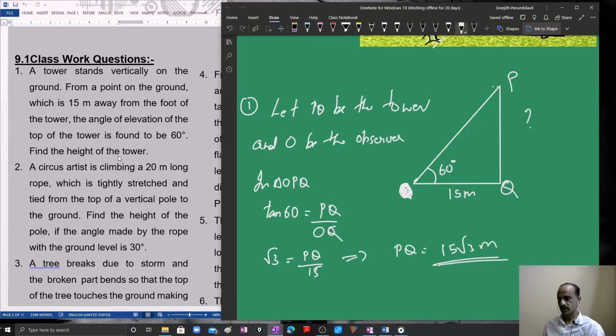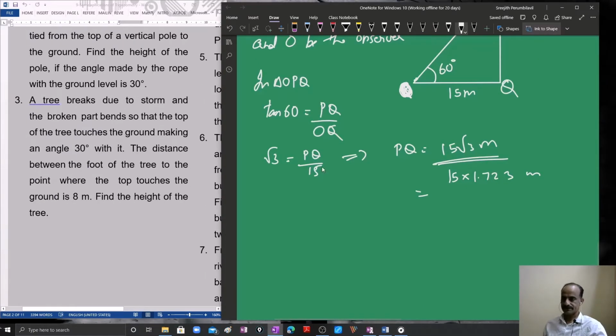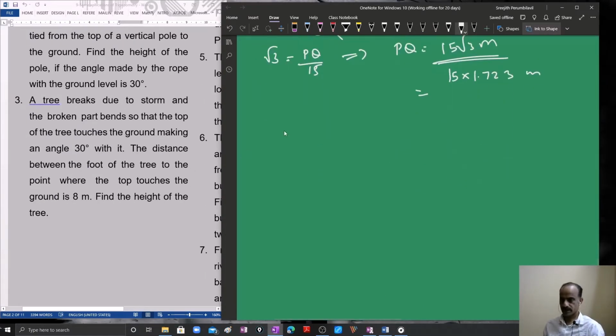Here the value of root 3 is not given, so you can keep it like this. Or if you want, you can multiply it into 15 to get 25.98 meters. Or you can write 15 root 3 meters. Okay. Now, let us go to question number 3.